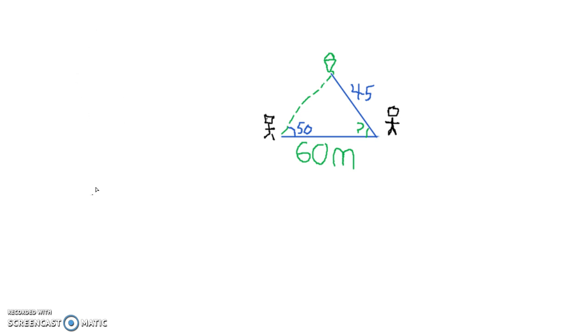Now, for the law of sine, we're going to explain it with this triangle right here. Let's say that we have a triangle here, right?